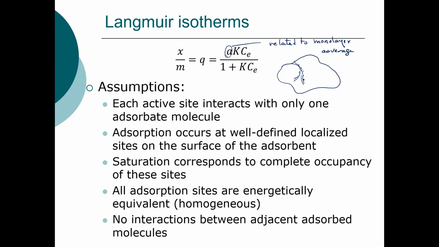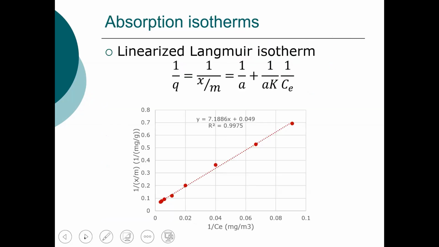One molecule is not going to inhibit adsorption of another or speed up the adsorption. And we can linearize this model by plotting 1 over x over m versus 1 over c sub a. Linear plot.